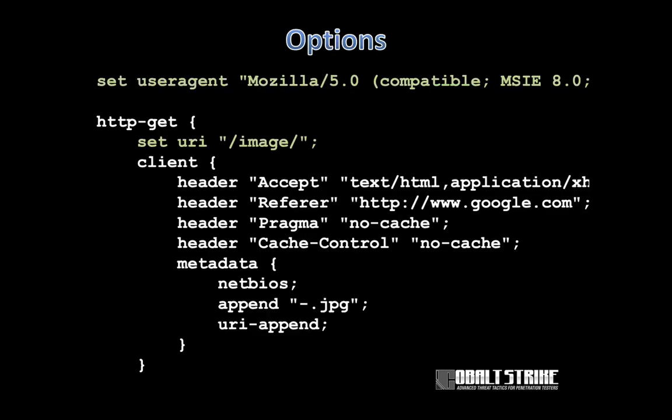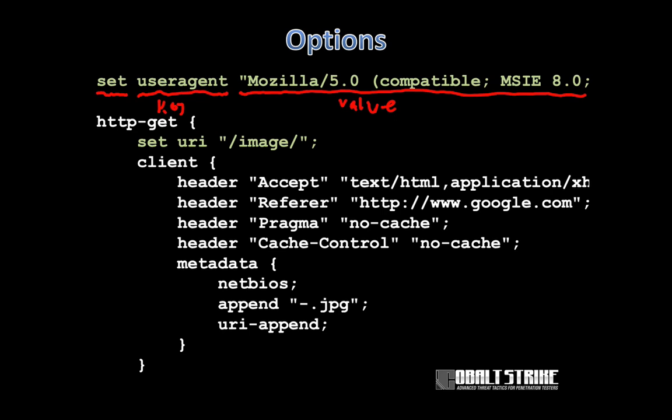An option is the set keyword followed by a key. In this case, the key is user agent, and a value. Here, we're setting the user agent value, which is a global value, and the user agent global value affects the HTTP user agent in all of the HTTP requests that the Cobalt Strike beacon payload makes.